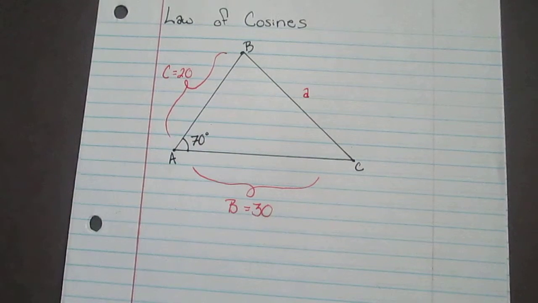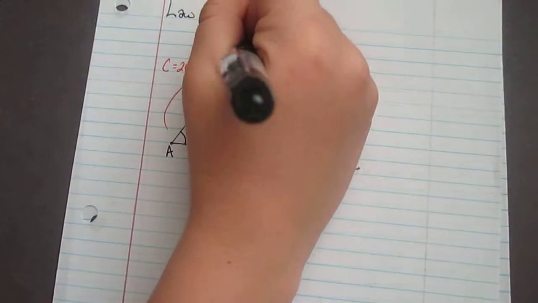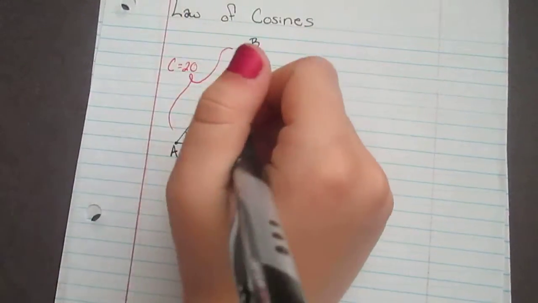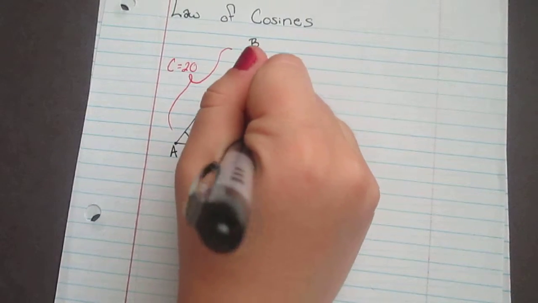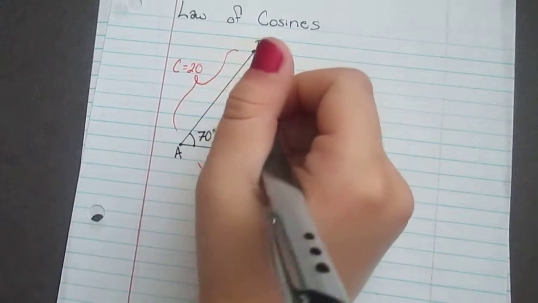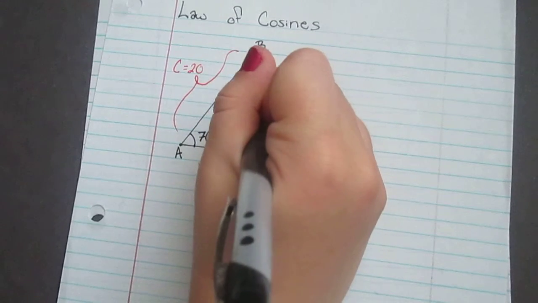So first, to derive the law of cosines, I'm going to divide this triangle into two. To do this, I'm going to draw a line from angle B to the base of this triangle, thus creating a right angle, and I'm going to call this dotted line h.